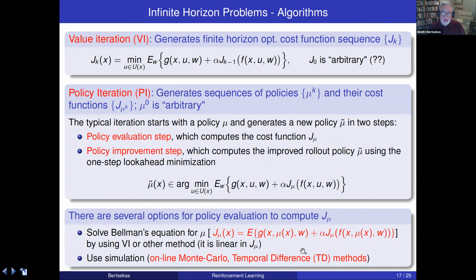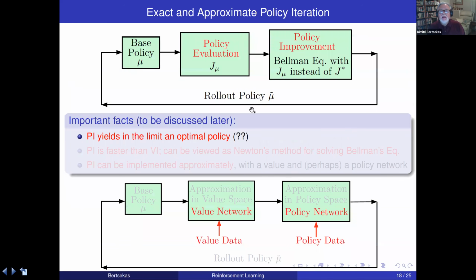Okay. So this is policy iteration, a concatenation of policy evaluations and policy improvements, generating a sequence of policies, and the policy evaluation is done by a number of different methods. So here's a block diagram of policy iteration in its exact form. At the typical iteration, you start from some policy mu, the current policy, which we'll often call the base policy.